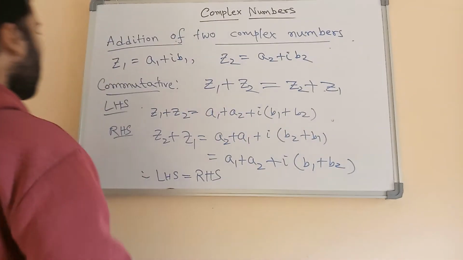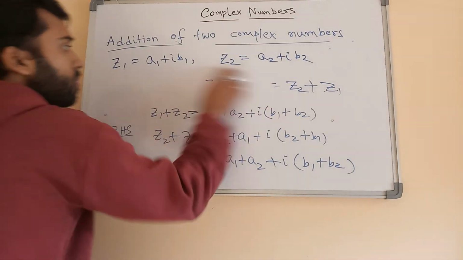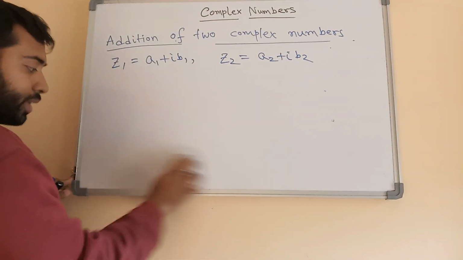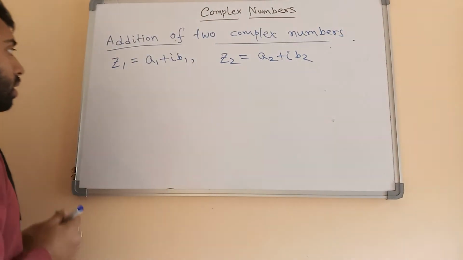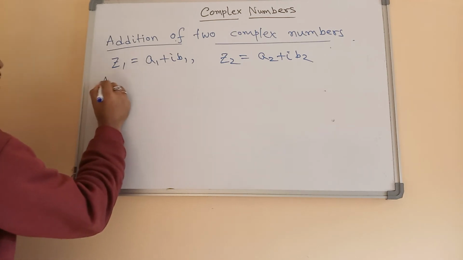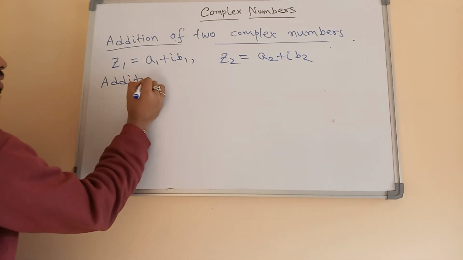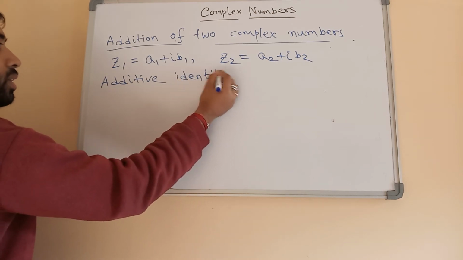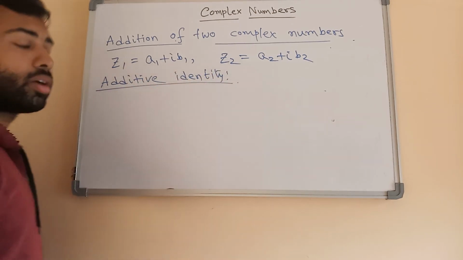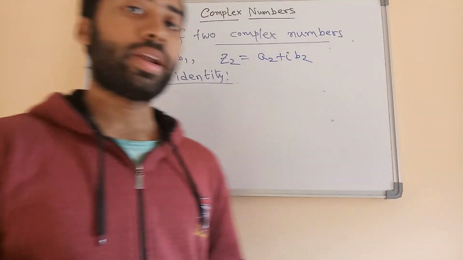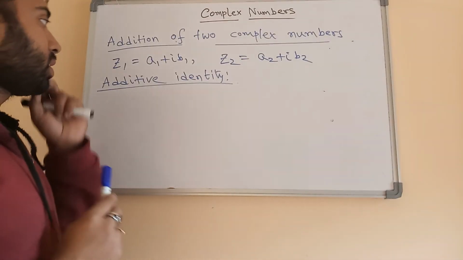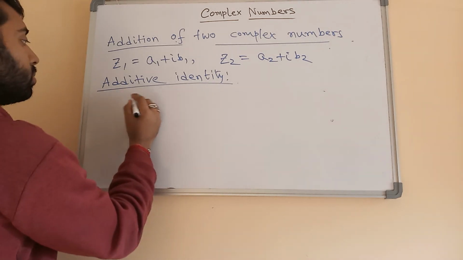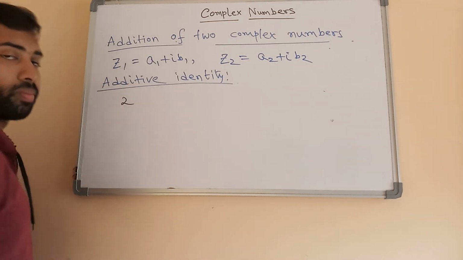Now I am going to define two new things. First I am defining additive identity, and then I will define another new term, additive inverse. So additive identity means, suppose I have a number 2.